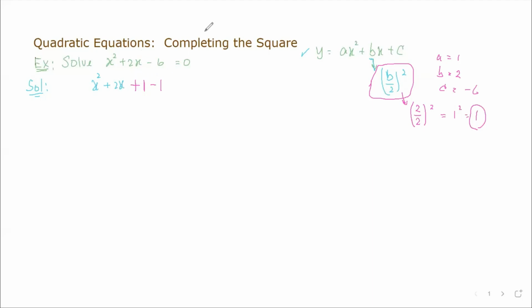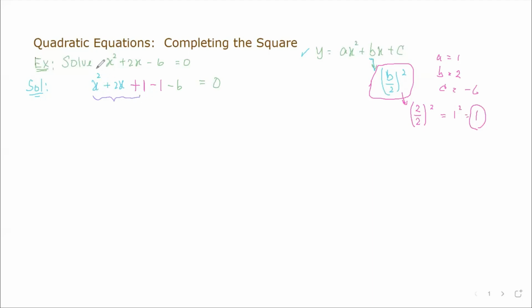Next, you write down -6 equals 0. After this, take the first three terms and make them a complete square.